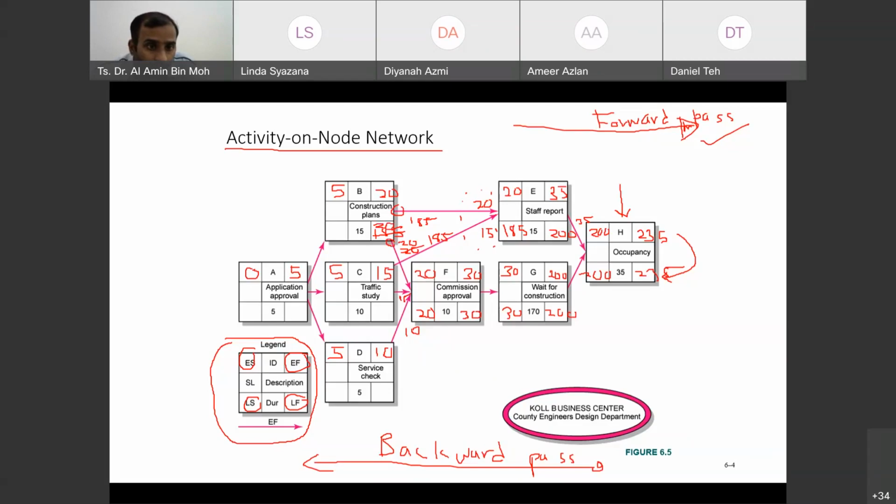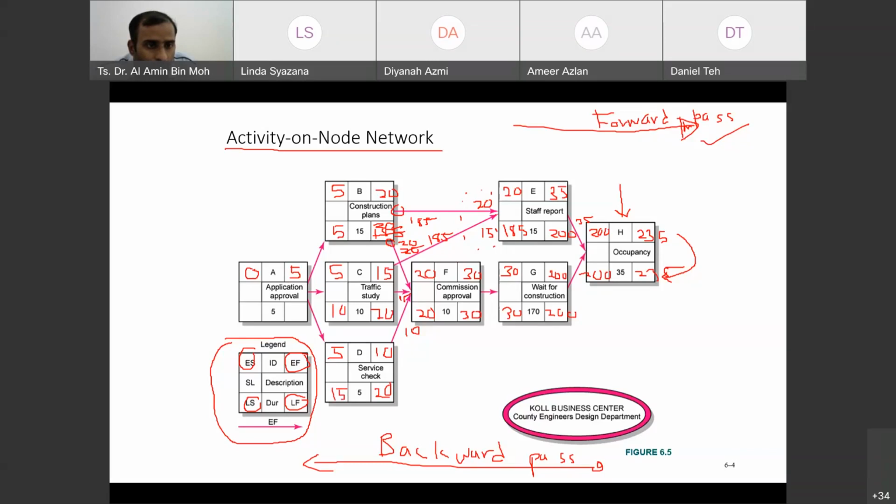So here you have 20. This one is 20. Now 20 minus 15 is 5. How about this one? 20 minus 10 is 10. 20 minus 5 is 15.